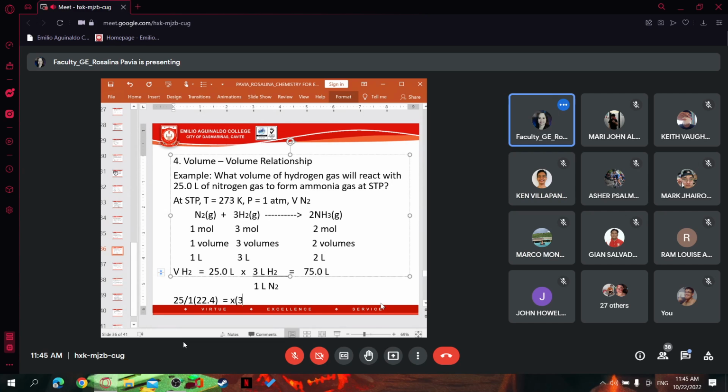H2 is 3 multiplied by P times 22.4 liters. Magka-cancel out lang din yung 22.4 liters. So, 25 times 3, 75.